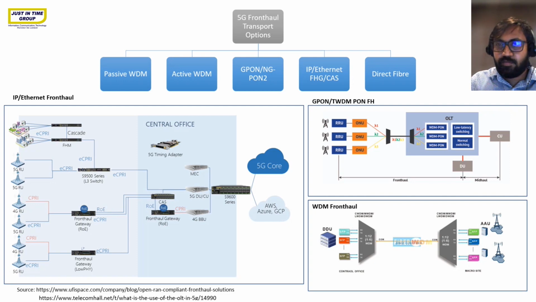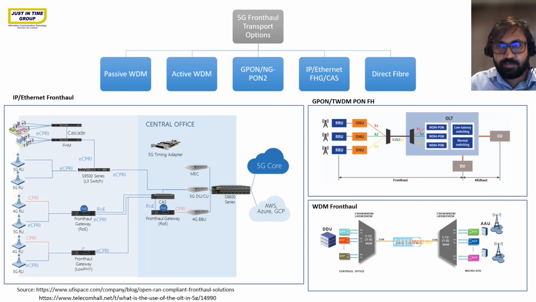Then you can build your front haul network based on GPON and GPON2, but there are difficulties, for example, if you are trying to distribute time and time synchronization information, then that would not be a good option to go for.